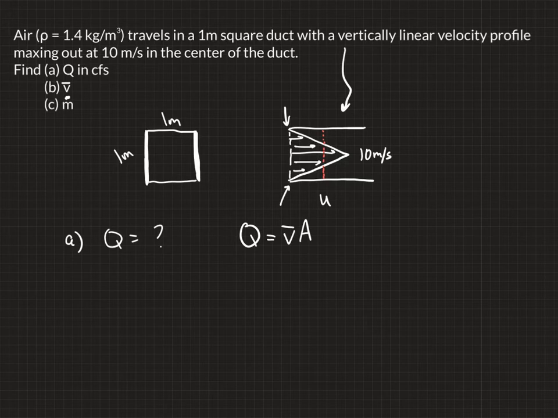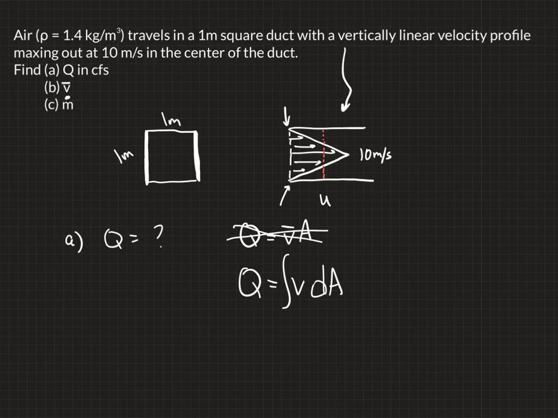So what we're going to need to do here instead is actually integrate. So this is no good. We'll do Q equals integral of V dA. Let's do it without the symbols because we're just going to multiply. The reason we're not doing the dot product here is because the two things are in the exact same direction.